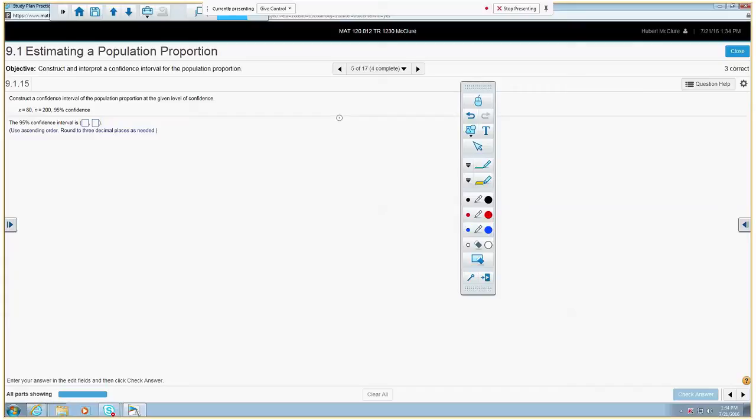So you're going to have to use your formula for the margin of error. Somebody give me that. Error, E, is equal to Z sub alpha over 2 times the square root of P hat, Q hat over N. There you go.